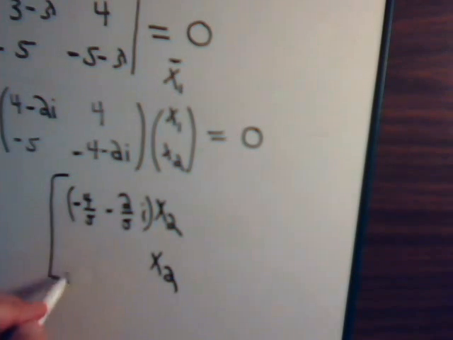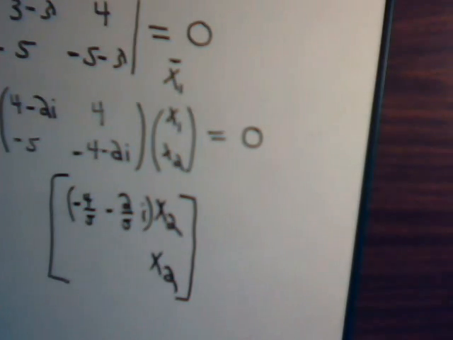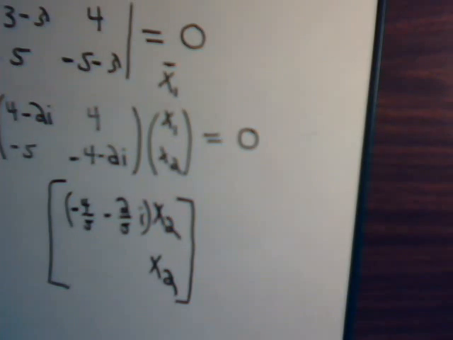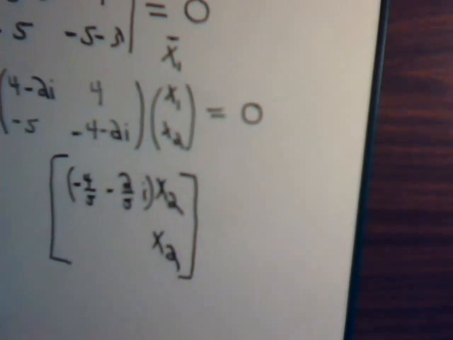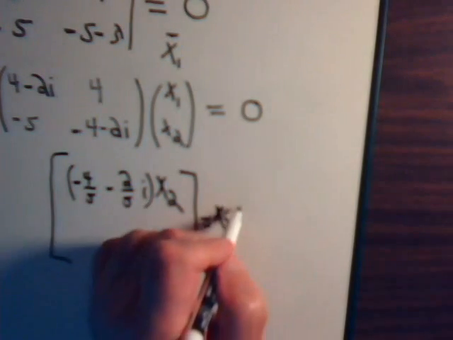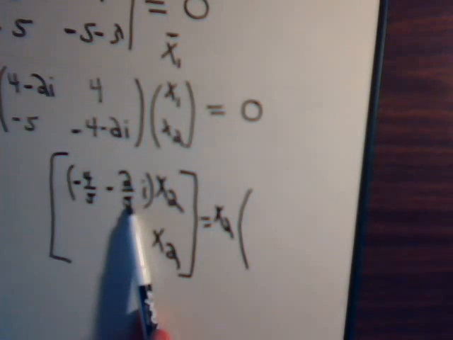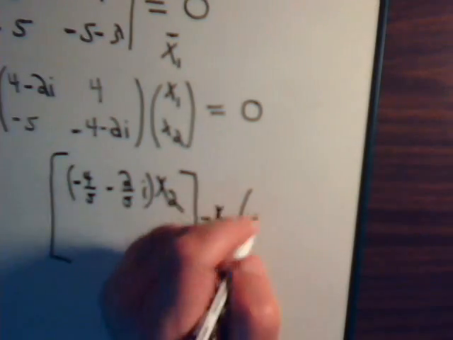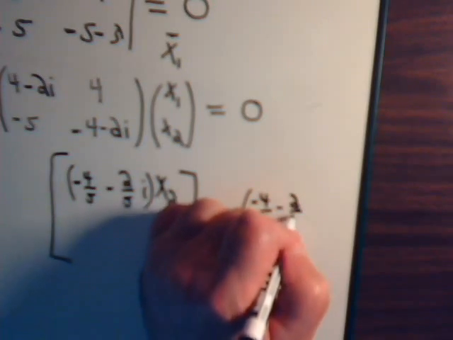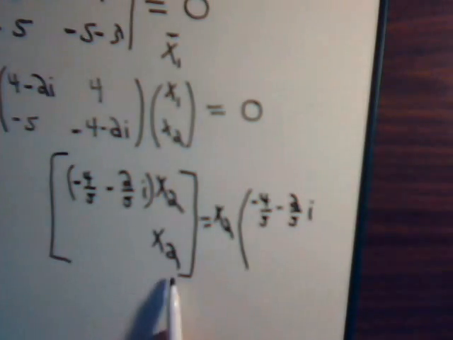So this is this. We can write this differently now, of course, by factoring out the free variable x2. So if we do that, this will equal x2 times, here we have minus 4/5 minus 2/5 i, and down here just 1.